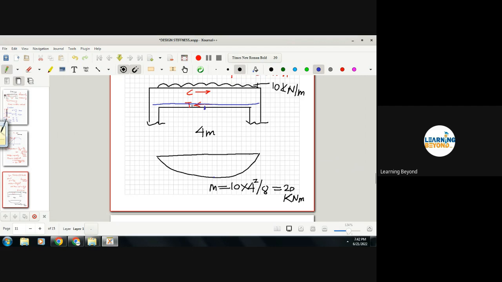And you want to design this. So can anybody tell me by common sense, a simple method, how to calculate the tension in the bar? You know the bending moment, how to calculate the tension?